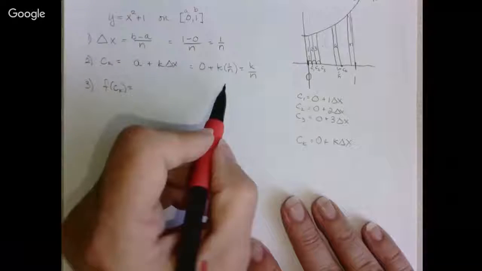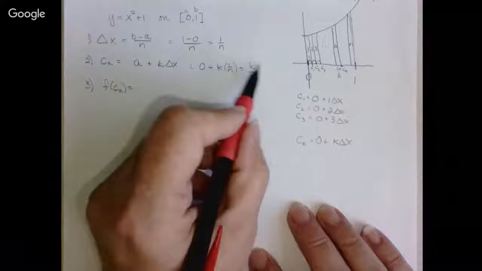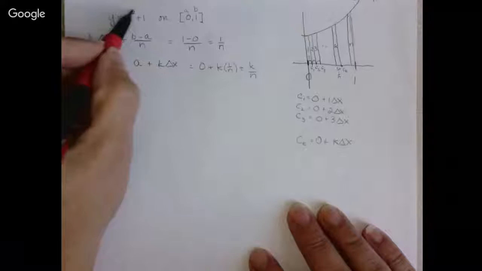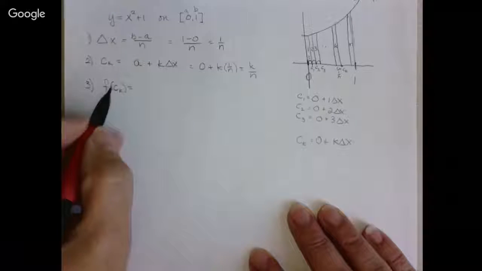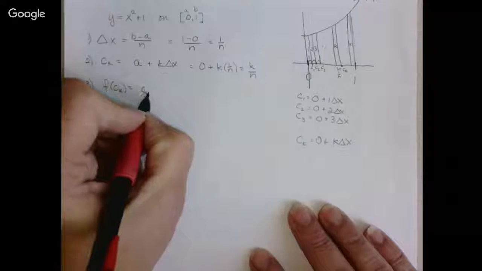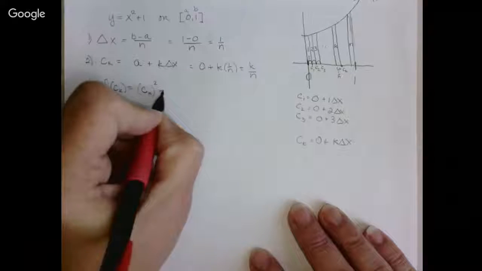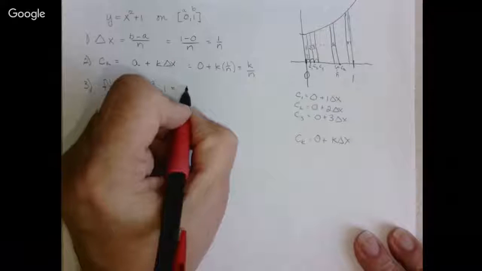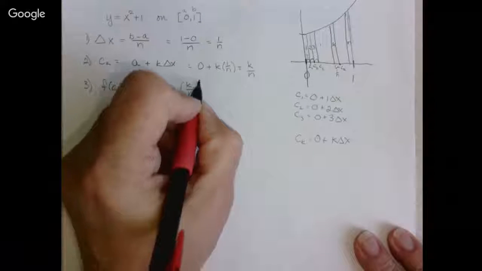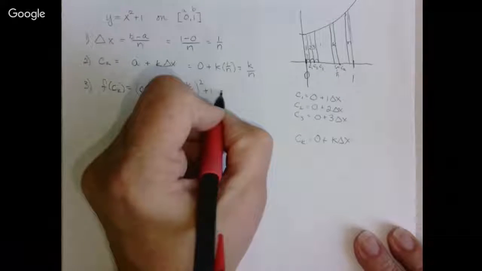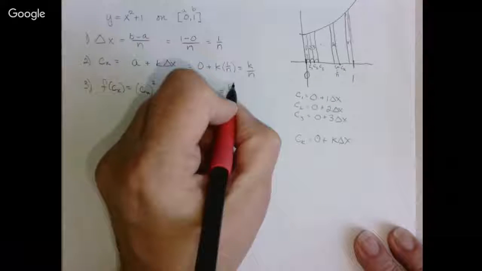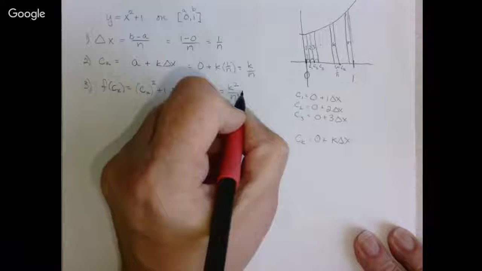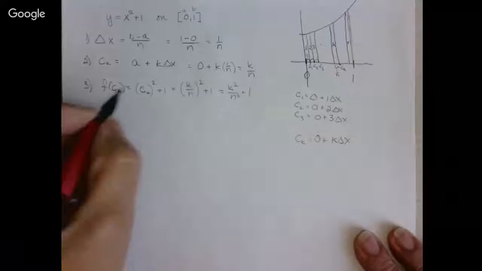So I take my expression for C sub k and plug it into my formula. It would be C sub k squared plus 1, and C sub k is k over n squared plus 1, which I could write as k squared over n squared plus 1.